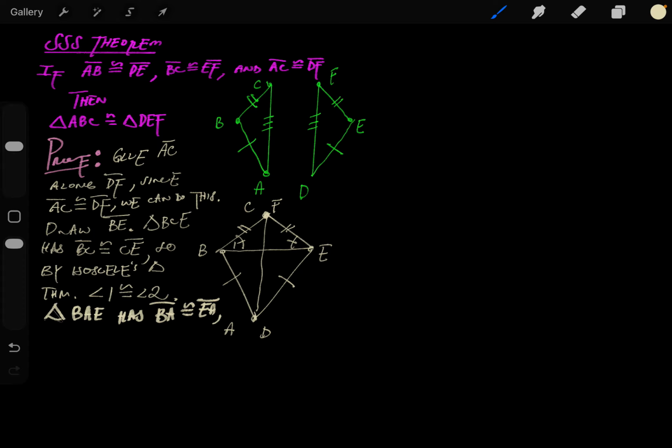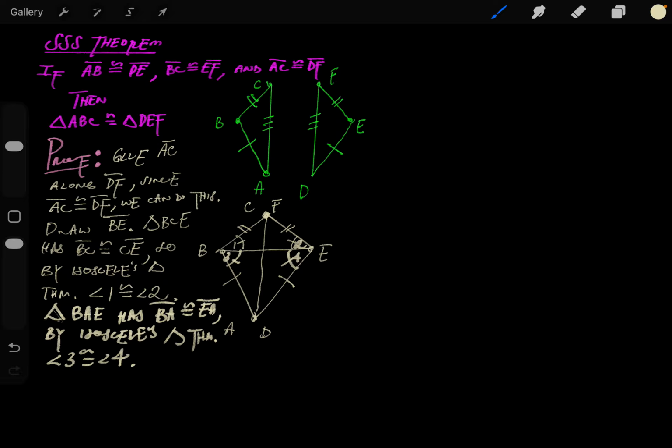So again, by isosceles triangle theorem, we have that the corresponding angles are congruent, which in this case is 3 and 4. This was 2, I don't know why it got erased. Okay. So we got 3 is congruent to 4.